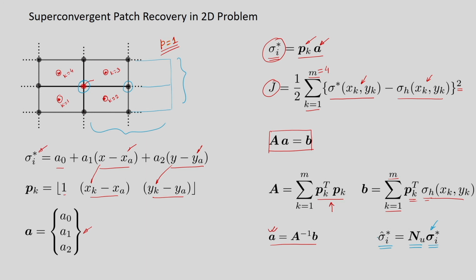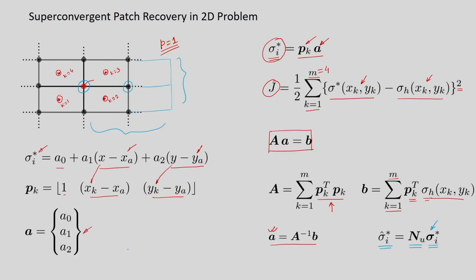So, this is the recovered stress field in the whole domain. That is how we obtain the recovered stress. This process of getting a better stress field in the overall domain from the stresses corresponding to the super convergent points is called the super convergent patch recovery, SPR, and this was first demonstrated by Zienkiewicz and Zhu.